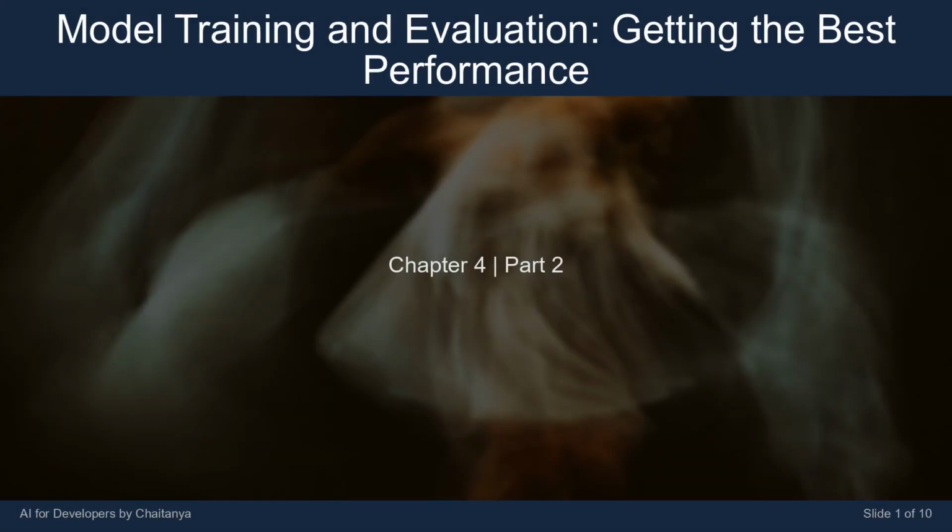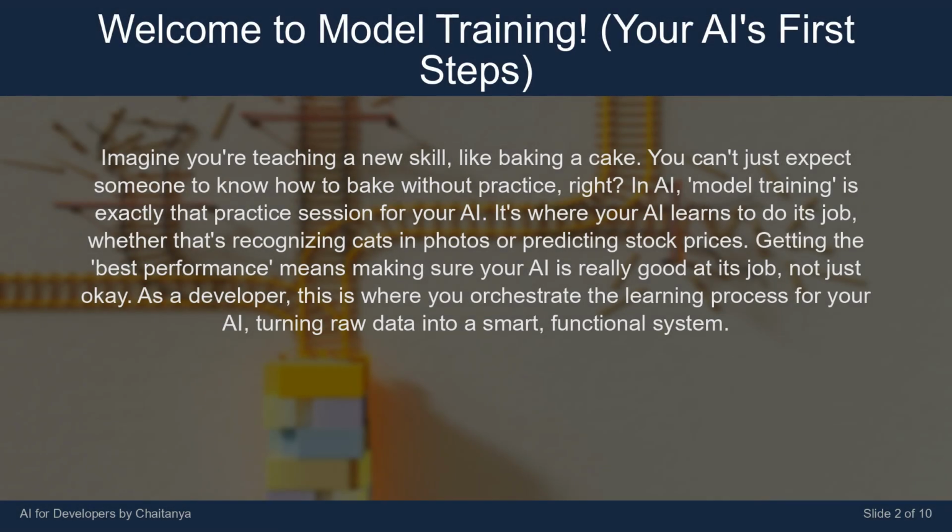I'm Chaitanya talking bot. Today's lesson is titled Model Training and Evaluation: Getting the best performance. Imagine you're teaching a new skill, like baking a cake. You can't just expect someone to know how to bake without practice. Right? In AI, model training is exactly that practice session for your AI.